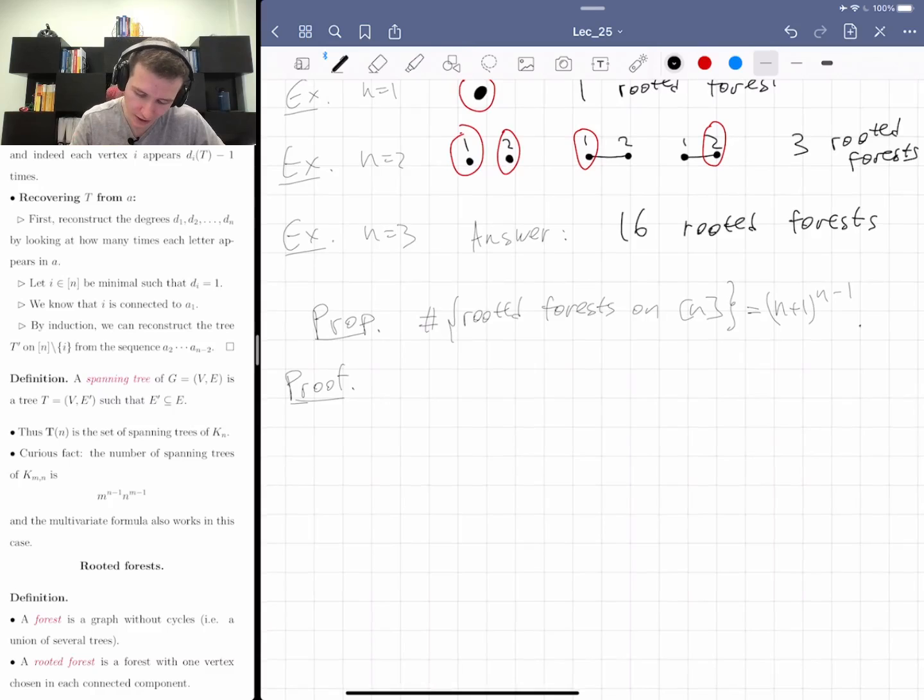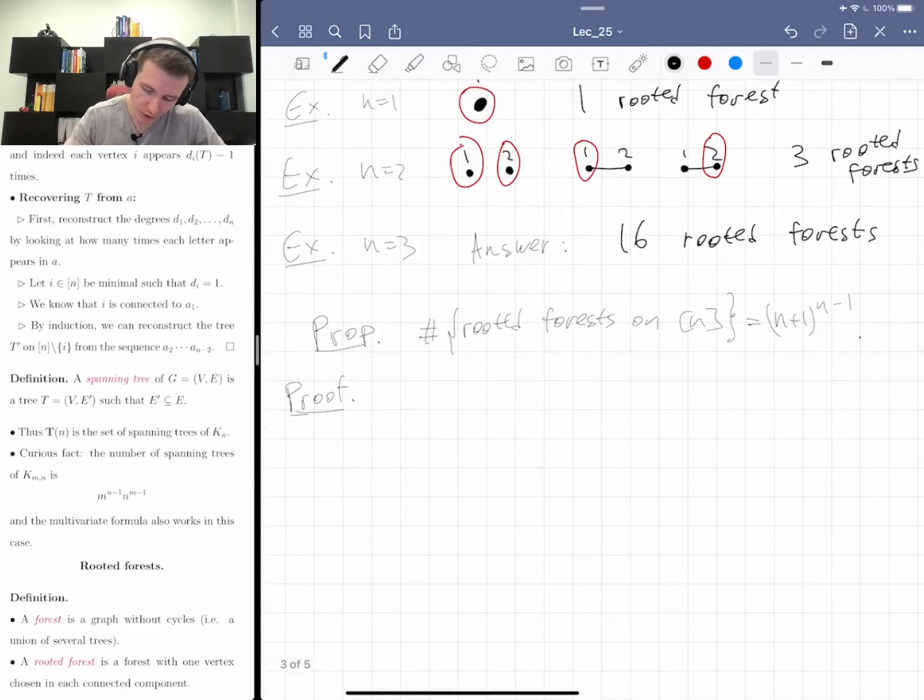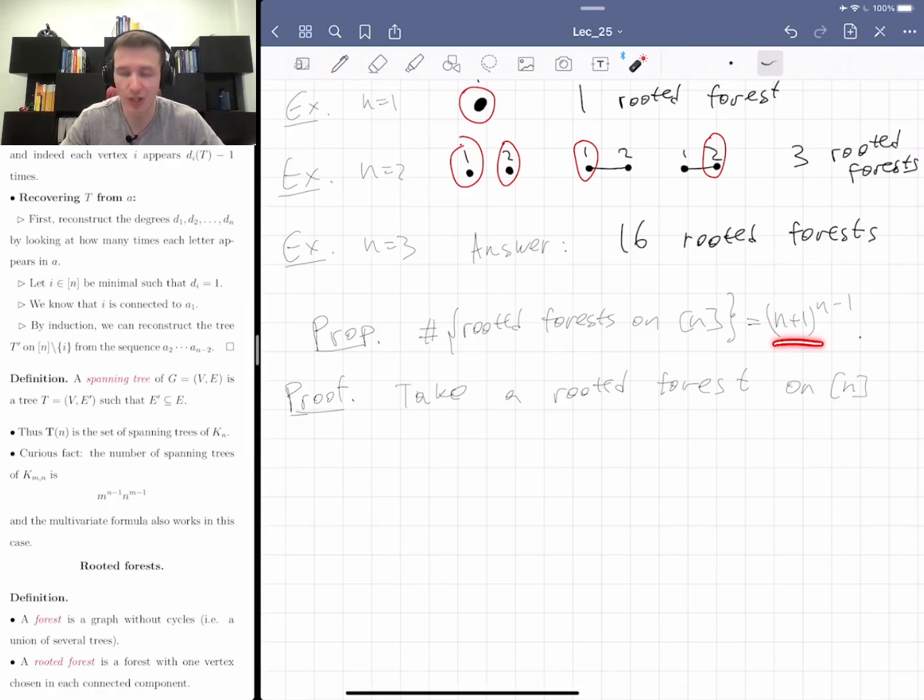So the proof is that you take a rooted forest on bracket n, and I'm supposed to get a tree on n plus 1 vertices.